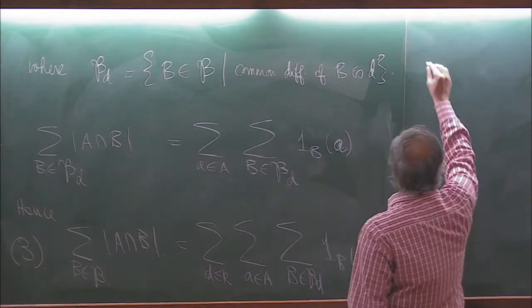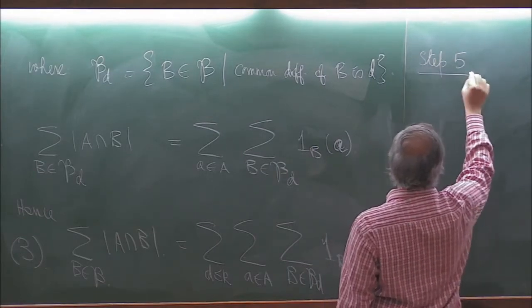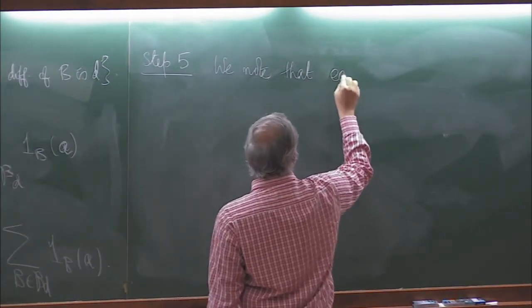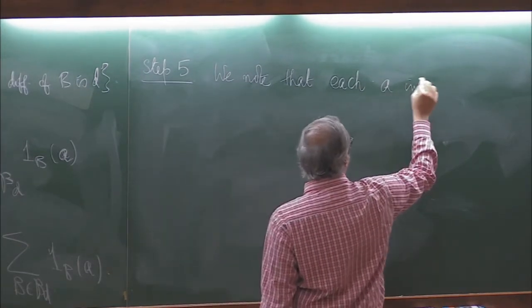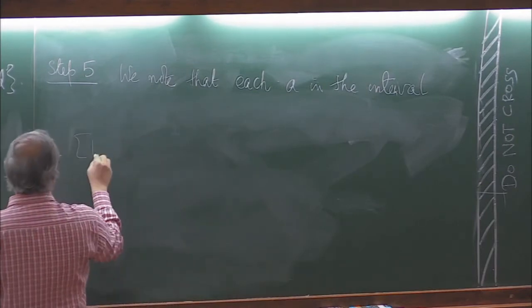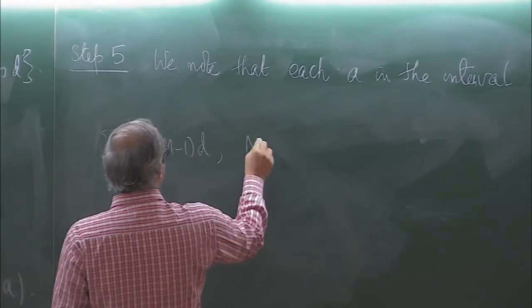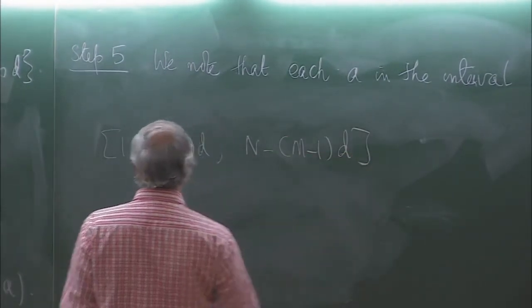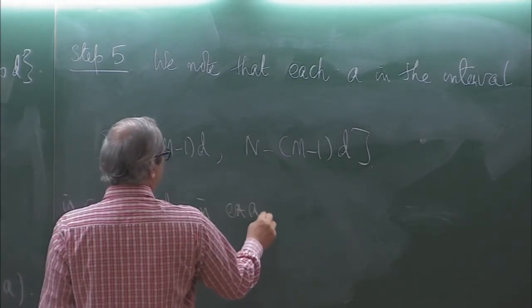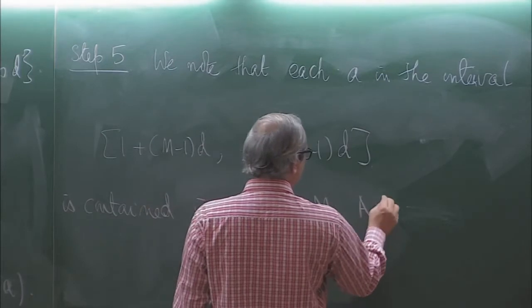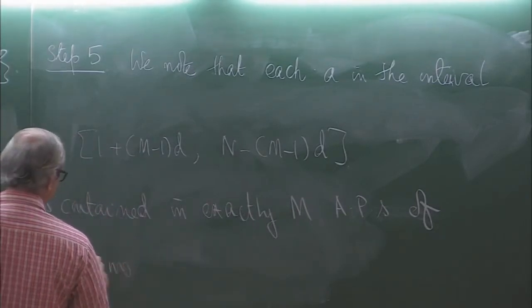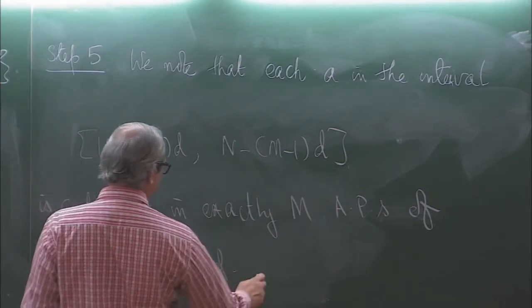So step 5 is to note that each a in the interval 1 plus (m minus 1)d to n minus (m minus 1)d is contained in exactly m arithmetic progressions of m terms and common difference d.